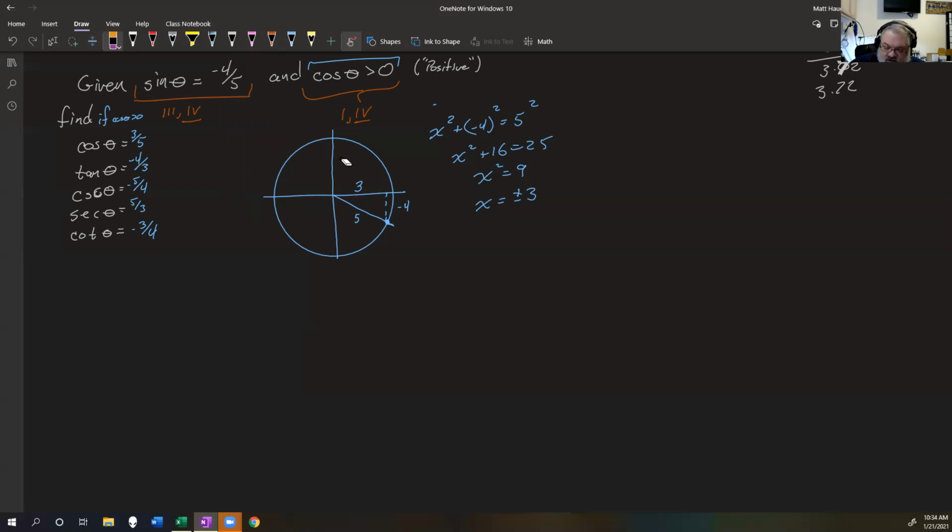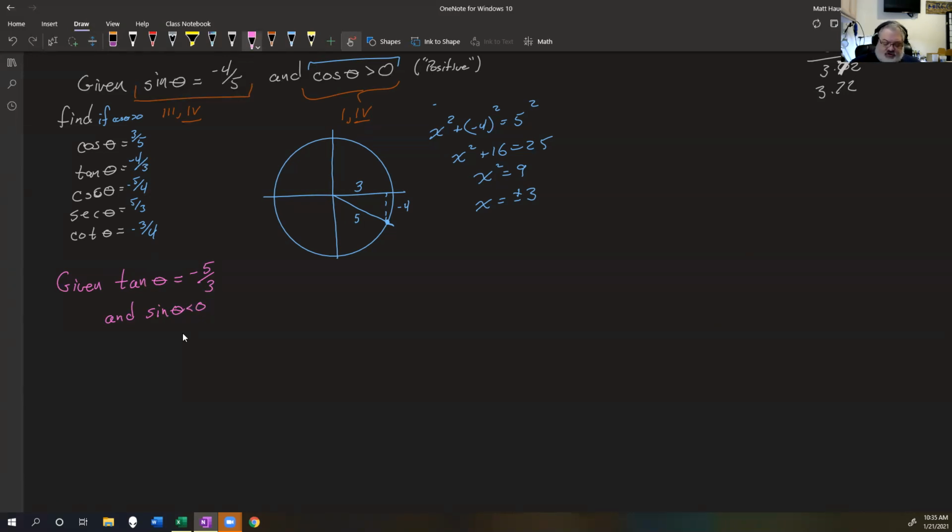So this is frankly a pretty common type of question. So much so, why don't I give you one to play with for a minute? Given the tangent of theta is equal to negative 5/3, and the sine is negative, less than 0.